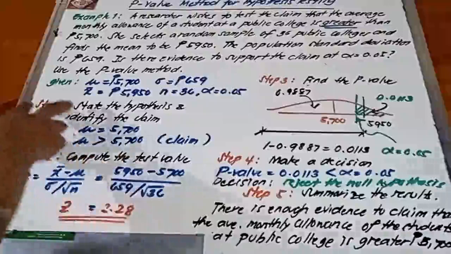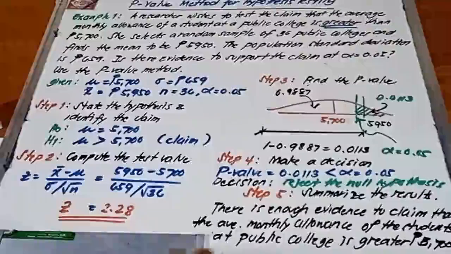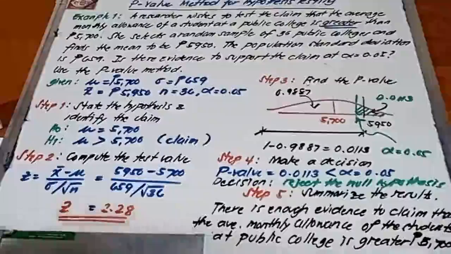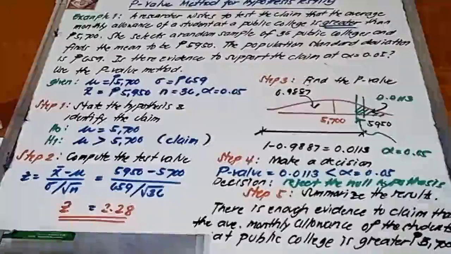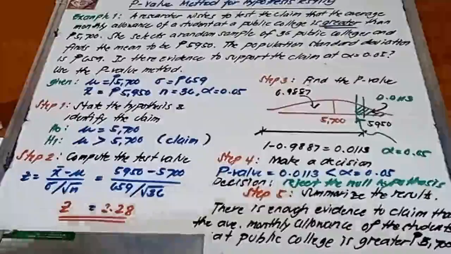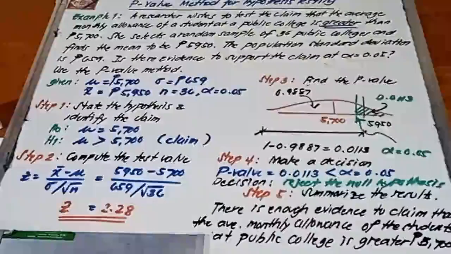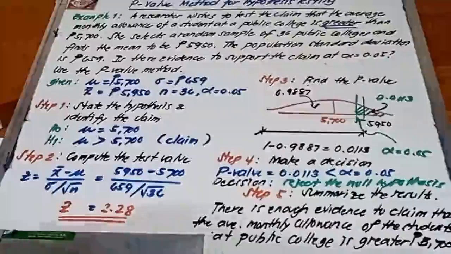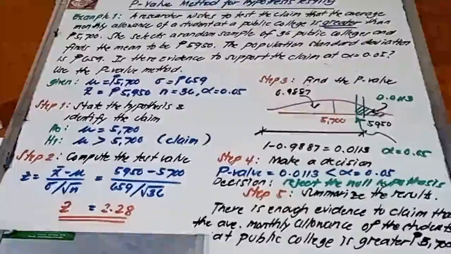And our null hypothesis is ang ating sample mean do not differ from the average allowance of this student, which is 5,700. So, reject natin siya. Ibig sabihin nun, the claim that the average monthly allowance of the students at public college is really greater than or more than 5,700 pesos. Okay? So, that is my example number 1 about p-value method for hypothesis testing. Thank you.